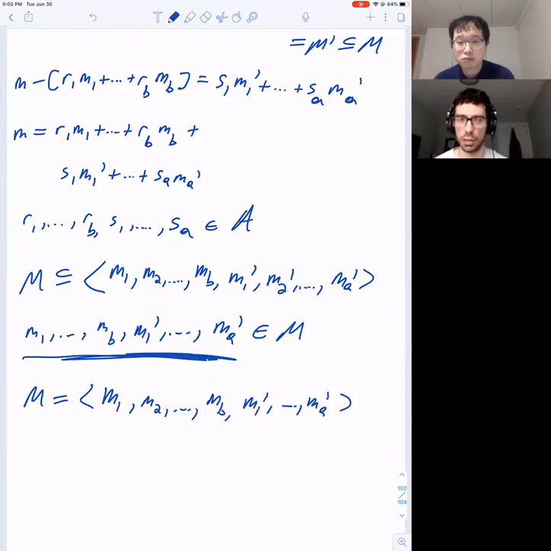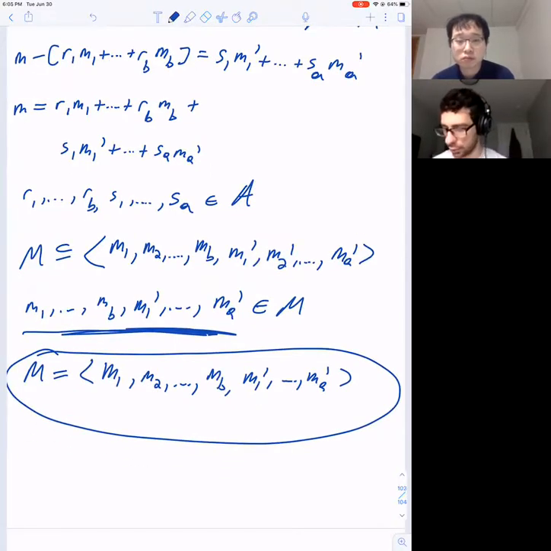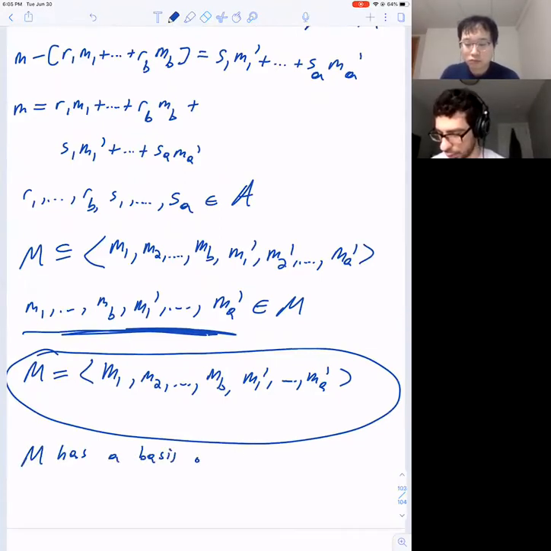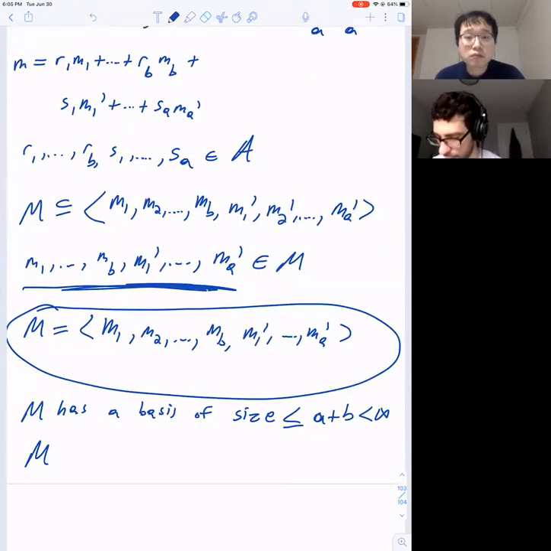If these generating elements are not elements of M, you cannot make any conclusion, but they are because of the construction of the exact sequence. So we actually have an equality, and so M has a generating set of size less than or equal to A plus B, and that's finite. So M is finitely generated. Okay, and we're done.